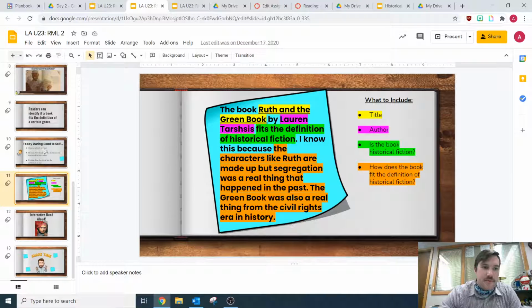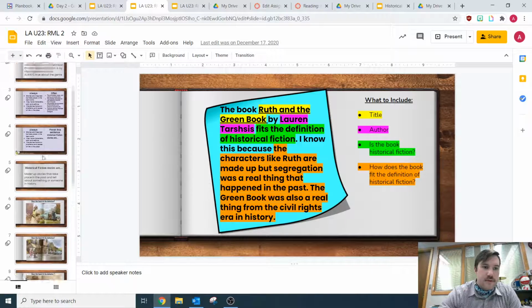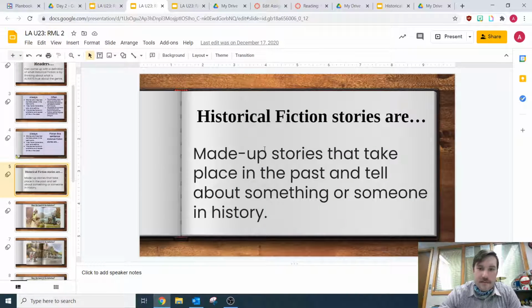Let me just pull that up. Historical fictions are made-up stories that take place in the past and tell about something or someone in history. A great example of this is I Survived.